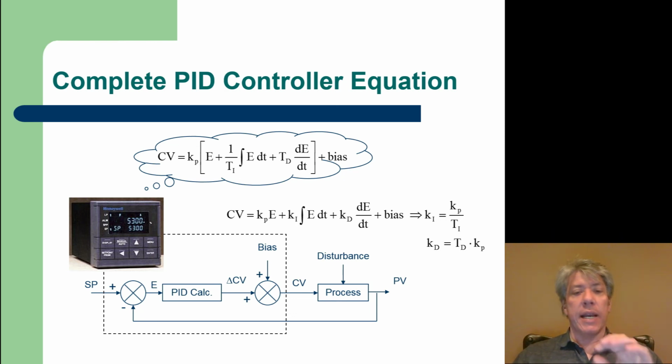Then the PID calculation in either one of these forms calculates the change in the control variable, but the bias is also something that often has to be entered into the controller equation. In your cruise control in your car, the way you do that is by pressing the gas pedal to the position where you get the speed desired, and then you press go on the cruise control. The cruise control is able to read your gas pedal and say, okay, we're going to adjust things from here because that's the bias position.